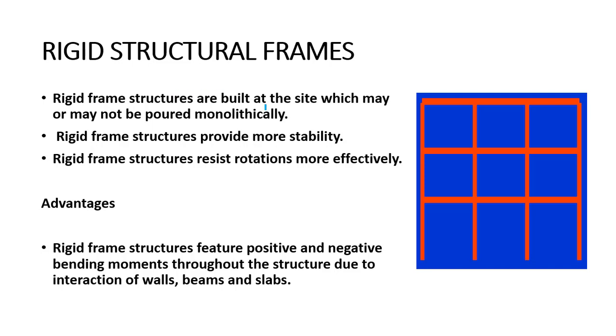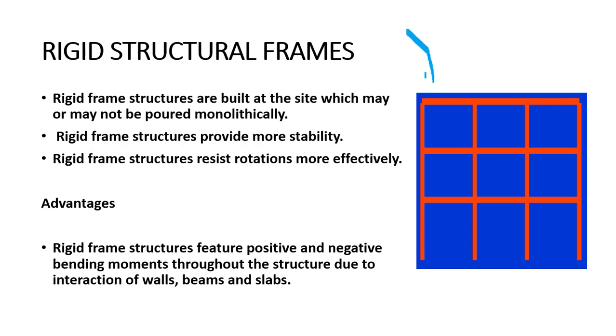Okay, so rigid structural frames. Rigid frame structures are built at the site which may be put monolithically. Let's say we are using concrete material, when we start the construction, tak semestinya kita pour the concrete pada masa yang sama.